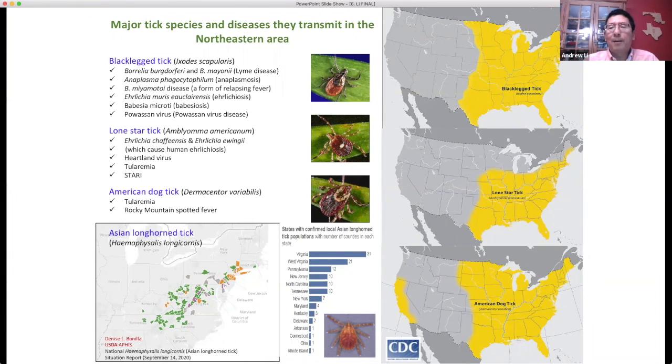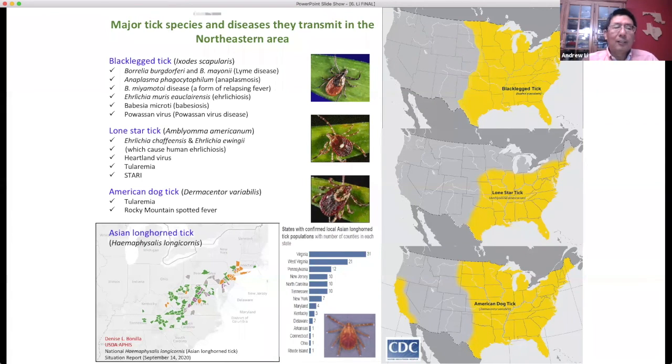The map on the right-hand side is from the CDC website, showing the distribution of where they are right now, and also lists the pathogens each tick species transmits that affect human health. Of course, our focus is the black-legged tick and Borrelia, which causes Lyme disease in humans.